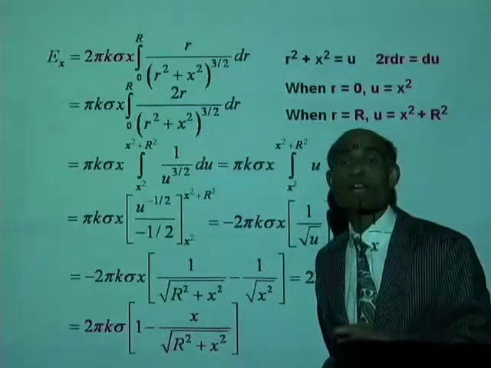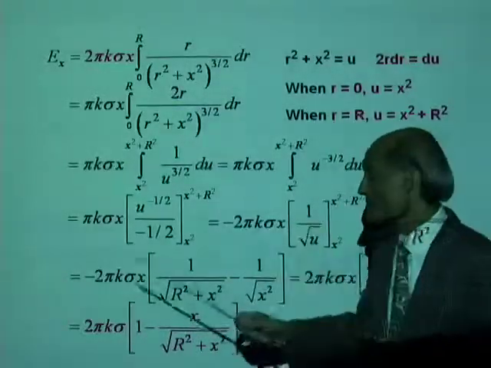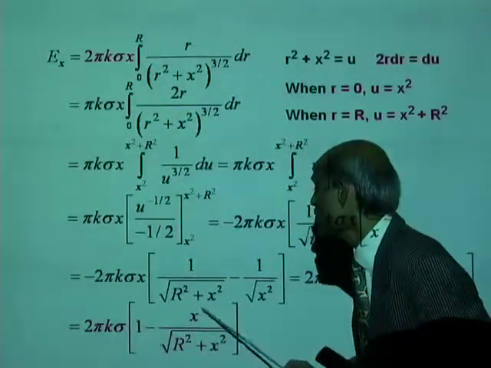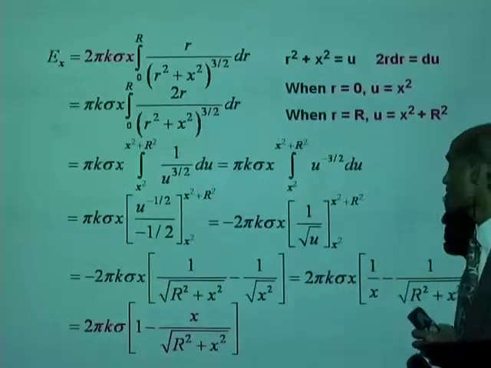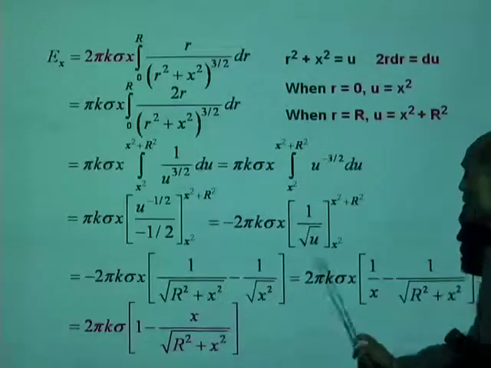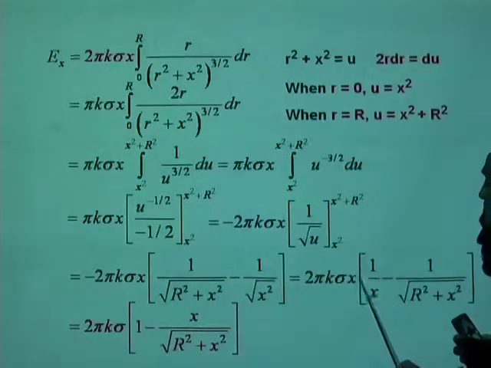The electric field at a point on the axis of a charged disk is 2 pi k sigma times (1 minus x over square root of r squared plus x squared). All I did is take this x inside the bracket.